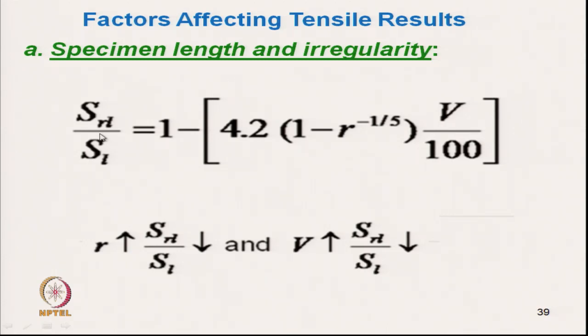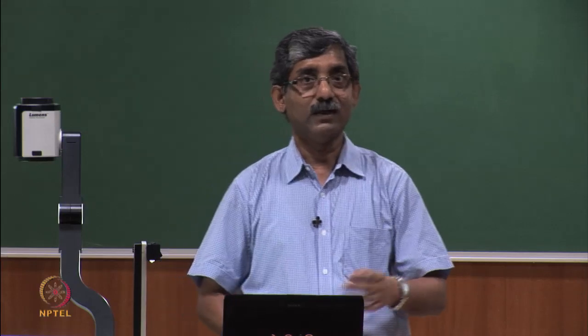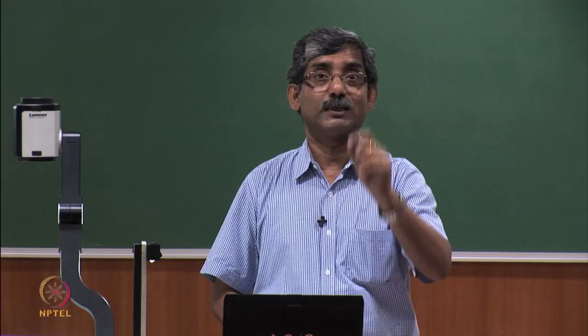That means SL equals SRL. So, for the same gauge length, the mean strength will be the same. We are not taking care of other factors; here we are talking only about specimen length.